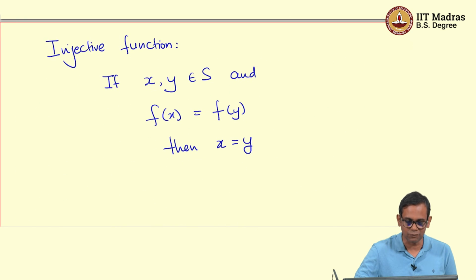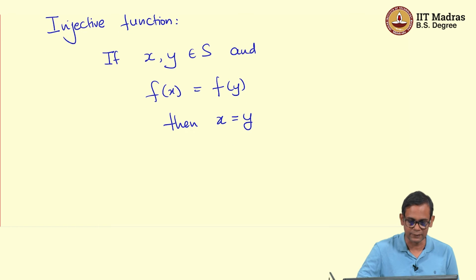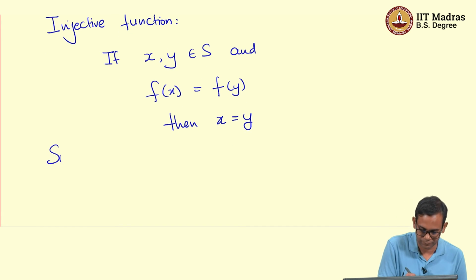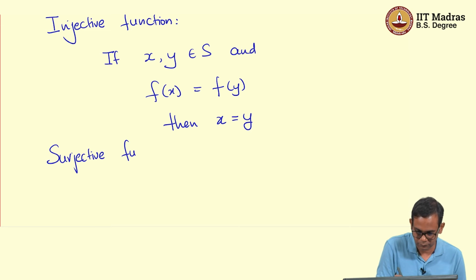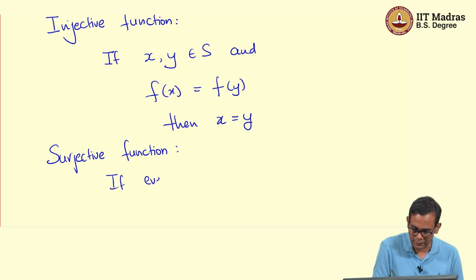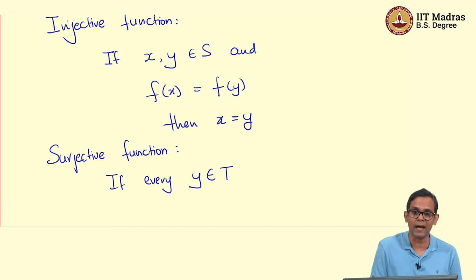Okay, the next kind of function that I want to talk about is a surjective function. A function f is said to be surjective if every element of the codomain is a value of the function.